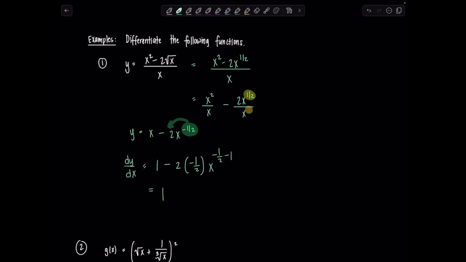These guys are going to cancel, right, into positive 1 plus x. Negative 1/2 minus 1 is negative 3/2. That's my new exponent. And then you can leave it like this, but most of the time we rewrite it as 1 plus 1 over x to the 3/2. So there's our derivative. Okay? So you see how all of our laws of exponents are in play the entire time.